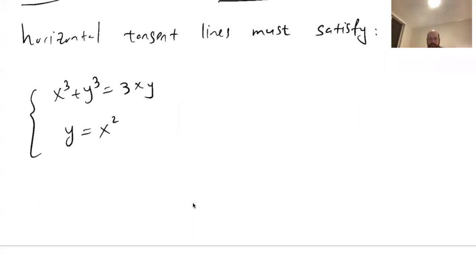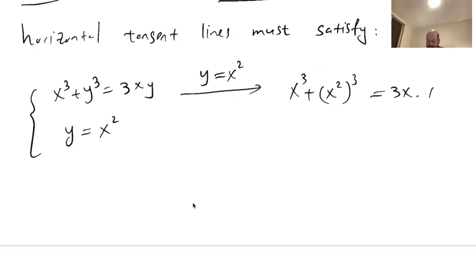Now I have two equations with two unknowns, x and y. I can try to solve them simultaneously. So I can substitute y with x squared from the second equation into the first equation. So y is equal to x squared. That gives x cubed plus (x squared) to the power 3 equals 3x times x squared.